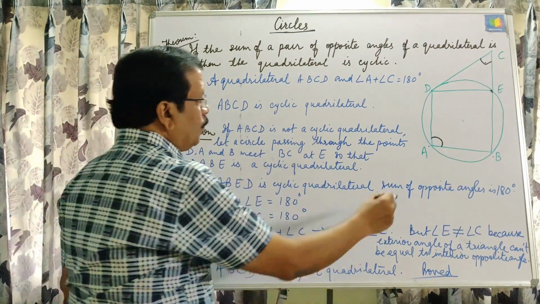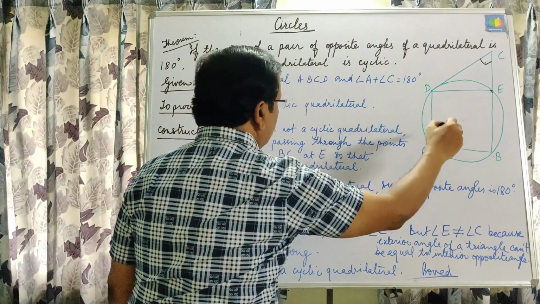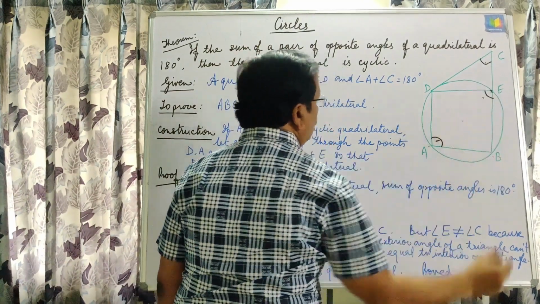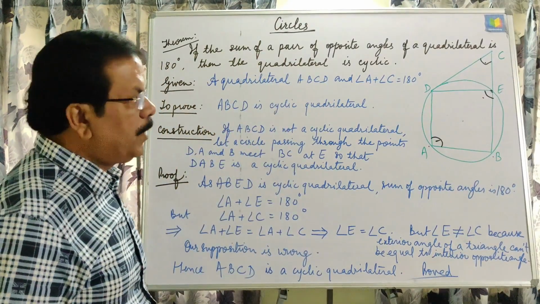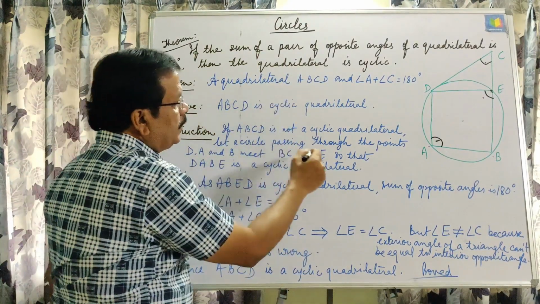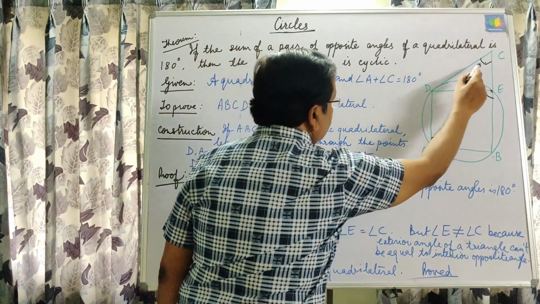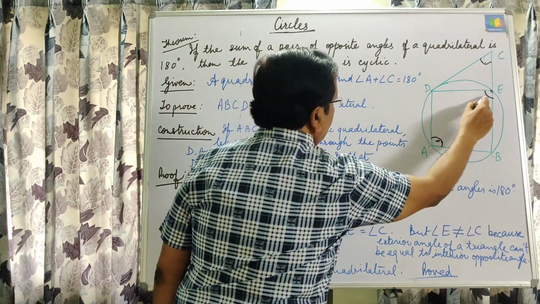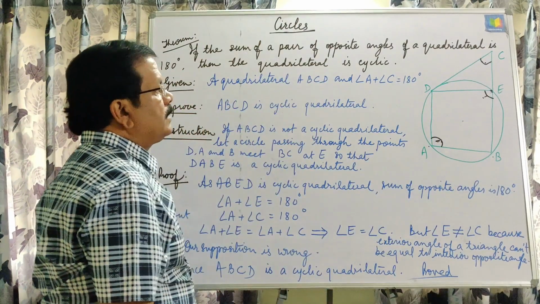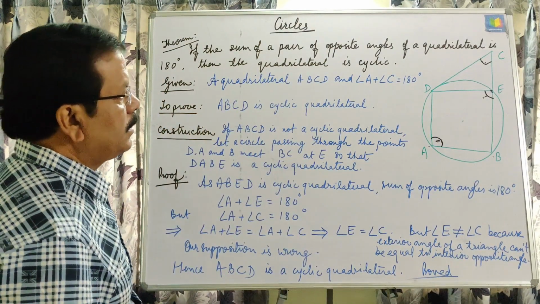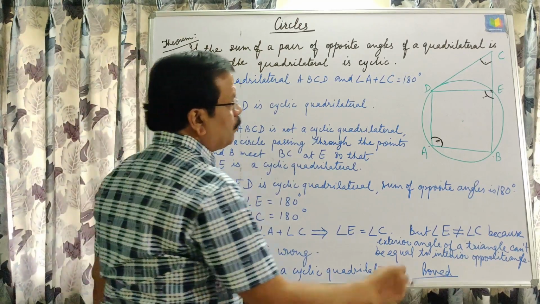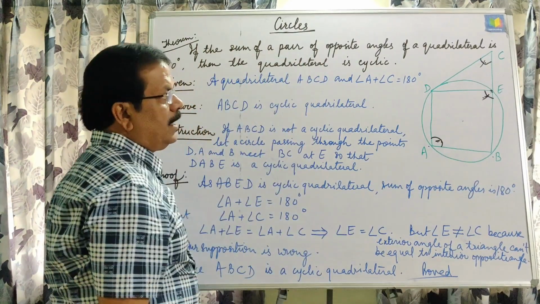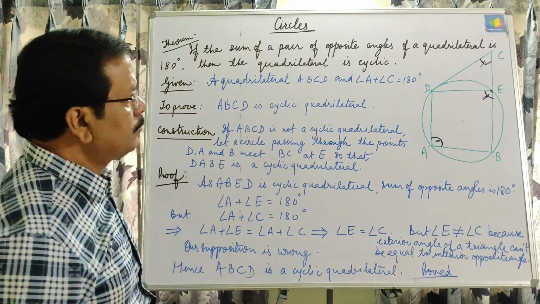If these four points lie on the circumference of the circle, then angle A plus angle E is equal to 180 degrees. But by the statement we are given angle A plus angle C is equal to 180 degrees. By this construction we are getting angle A plus angle E is equal to 180 degrees, which means with this supposition angle C is equal to angle E.